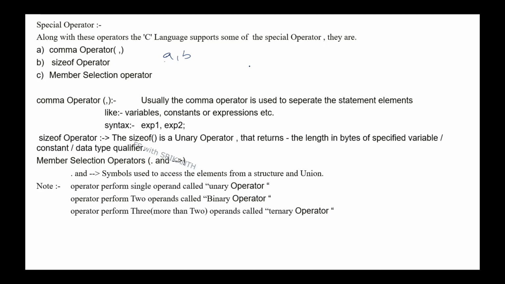And next, the dot, the member selection operator. This dot is used for calling an object's member, but in C language we use it on the pointer side. We will cover this at the end of the course.